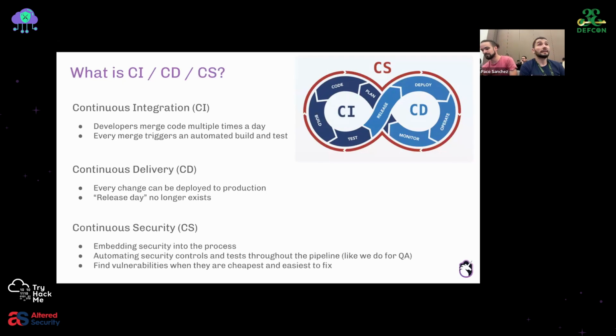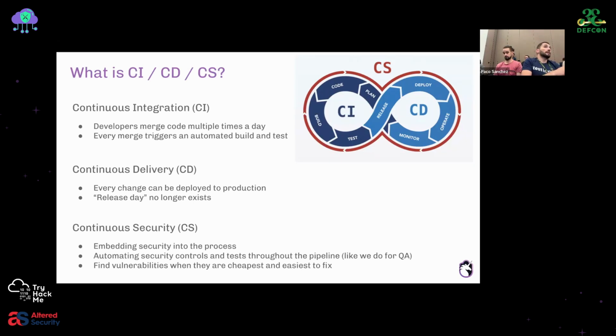Okay, so let's start with the basics. Who knows this diagram on the right? Raise your hands. Okay, perfect. Well, quick explanation for the ones who don't know: a pipeline is just a set of automated tools that basically organizes the software development lifecycle, the SDLC. The objective of it is to help with continuous integration, CD, that is continuous delivery or deployment, and continuous security, that is basically everything that involves security in the pipeline.